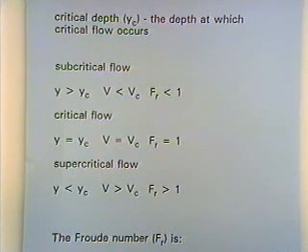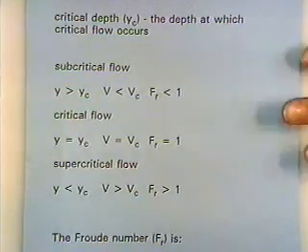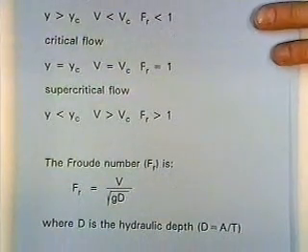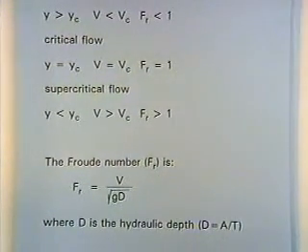Supercritical flow is flowing fast, barreling down the channel. So the depth is less than the critical depth, the velocity is greater than the critical velocity, and we've got a high Froude number greater than 1. And the Froude number is given there. By definition, the Froude number is the velocity over the square root of d, where d is the hydraulic depth. And from earlier last week, we said the hydraulic depth is area divided by the top width.